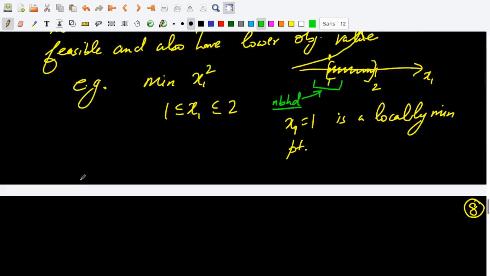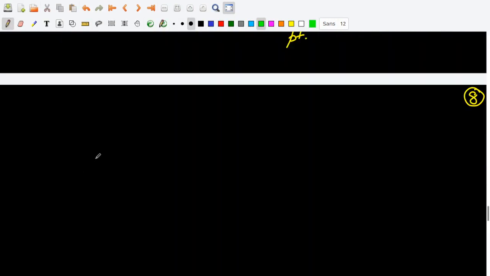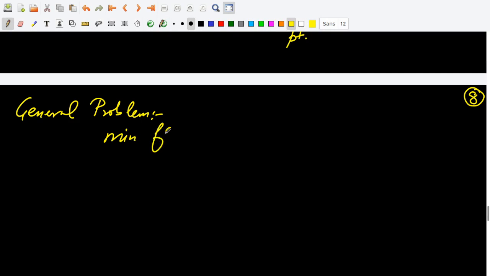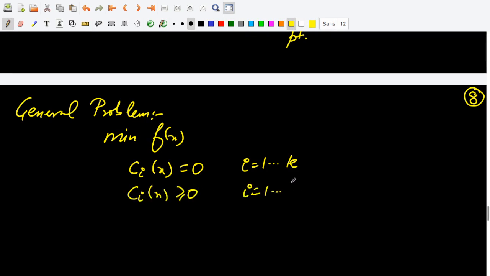Recall that the general problem is of the form minimize f of x subject to ci of x equal to 0, i equal to 1 to k, and ci of x greater than equal to 0, i equal to k plus 1 to k plus l.